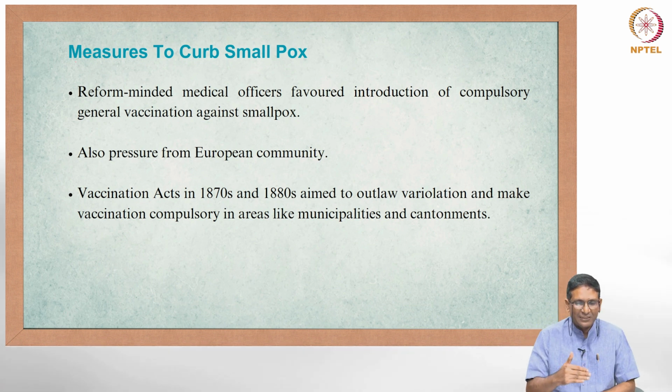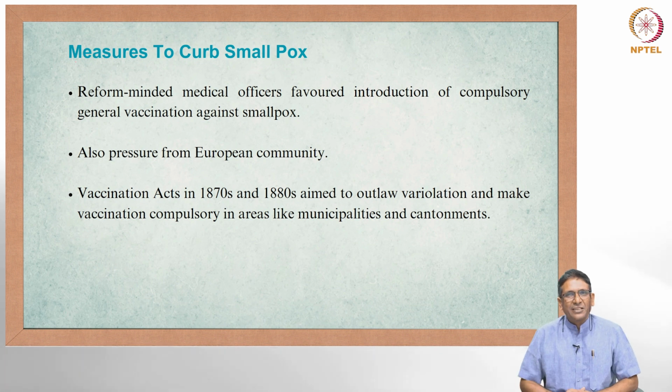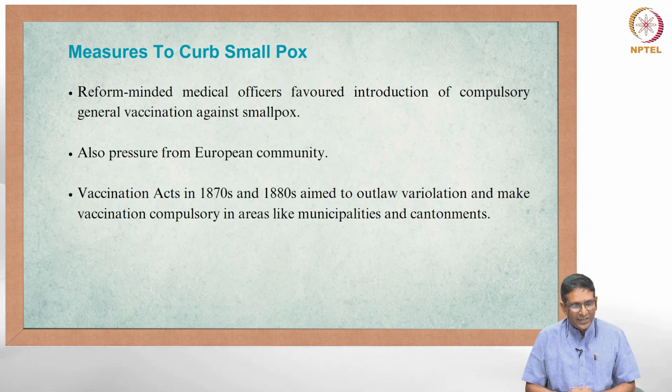So, they made it explicitly compulsory, and especially this was also due to a lot of pressure from the European community, who were anxious and concerned because this is something which could easily spread. Therefore, in response to these pressures and concerns, and also because vaccination was now available, new vaccination acts were introduced in the 1870s and 1880s.